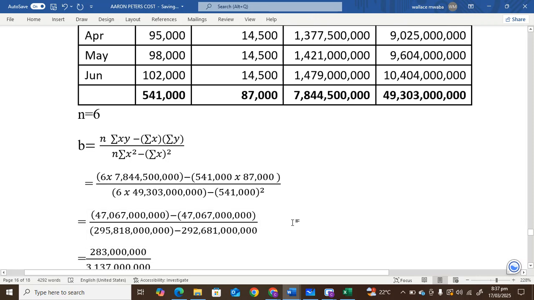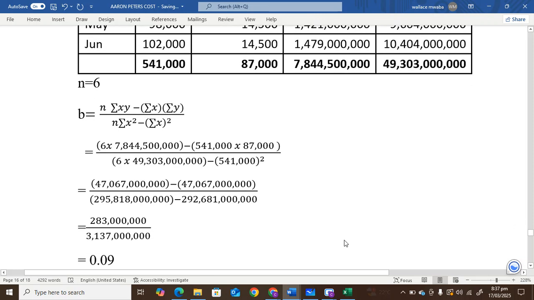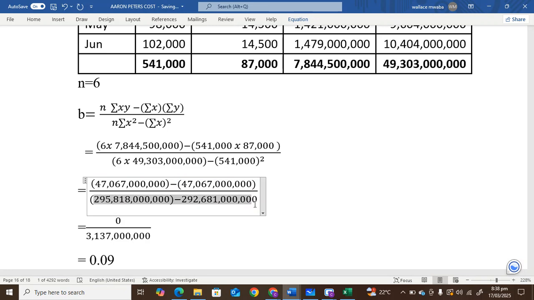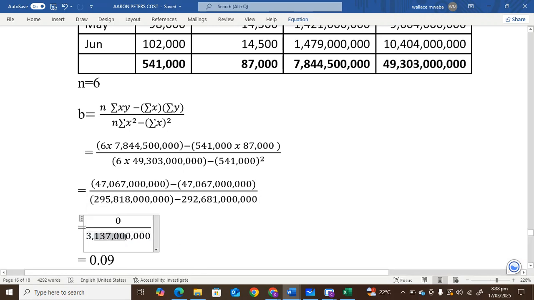So basically, this is telling us there's no variable cost here in administration cost, because our numerator will be 0. 295 billion minus this 295 billion, you get 3,137,000,000.